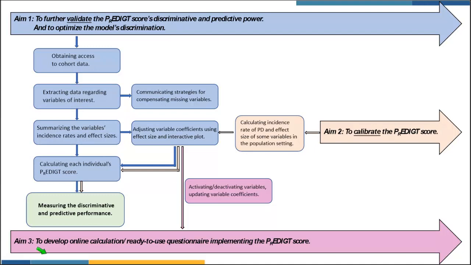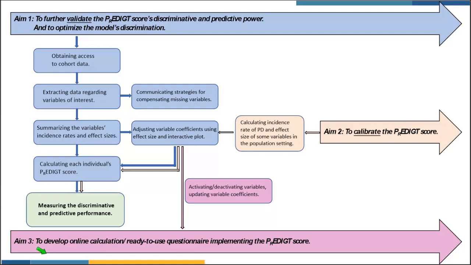Then we want to develop an online calculator or questionnaire that can be used in the GP's office, like I talked about earlier. Based on the questionnaire, the GP would know there's a certain risk associated with PD, and if they notice some early signs in their patients, they may help them calculate their risk score and even refer them to see a specialist if their risk is really high.